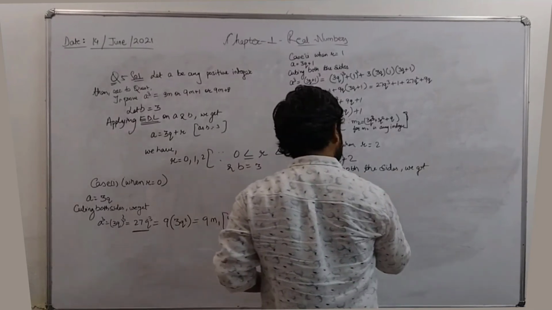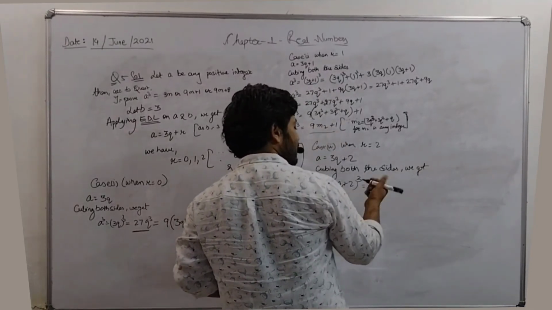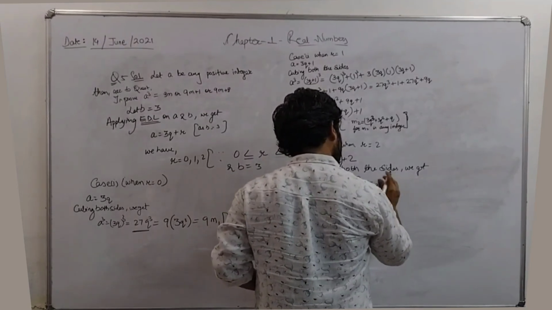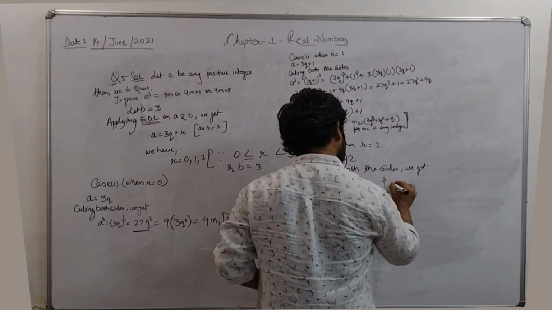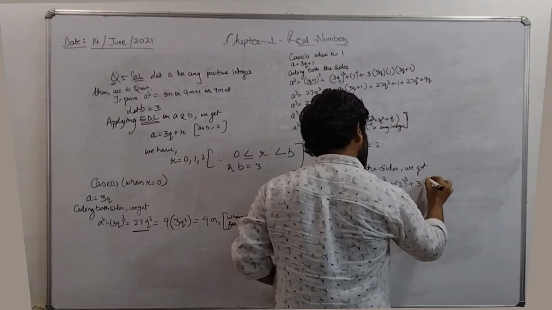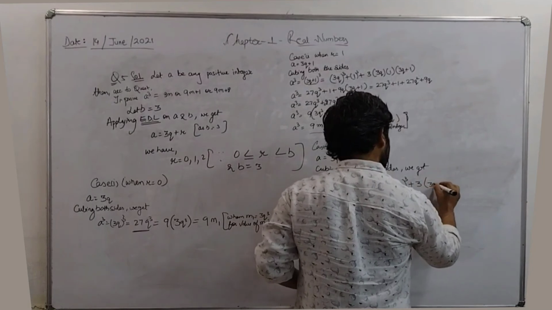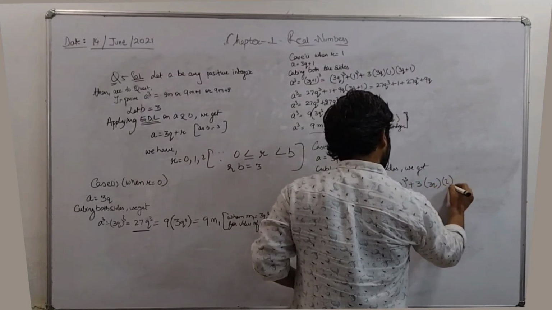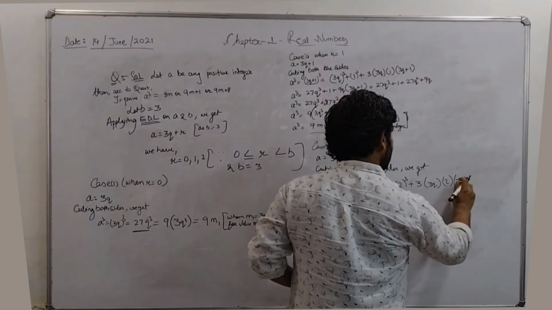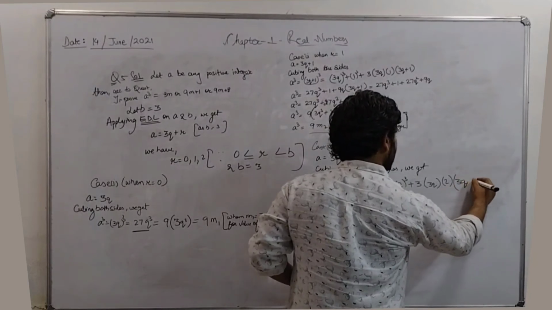Now opening with the formula x cube plus y cube plus 3xy into (x plus y).